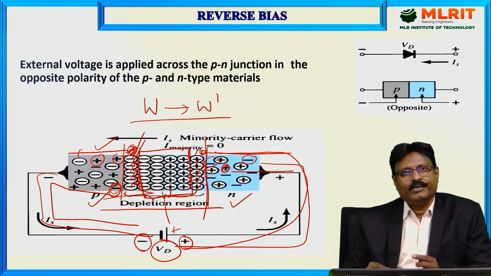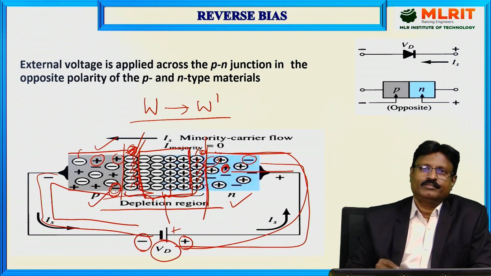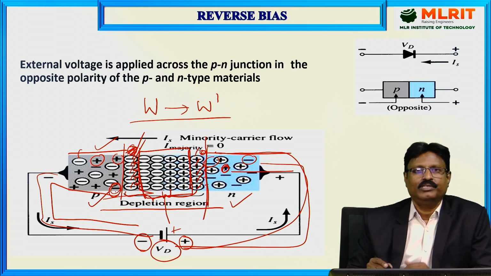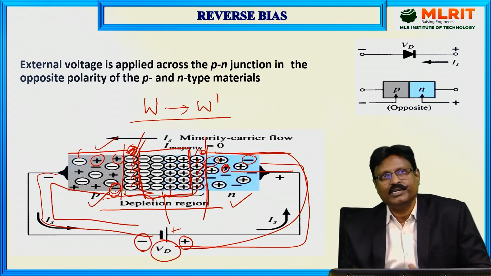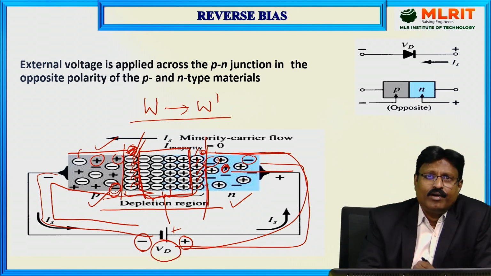So the minority carriers cross the junction here, whereas the majority carriers do not cross the junction. So whatever conductivity happens inside the PN junction diode under reverse bias is only due to the movement of minority carriers across the junction.